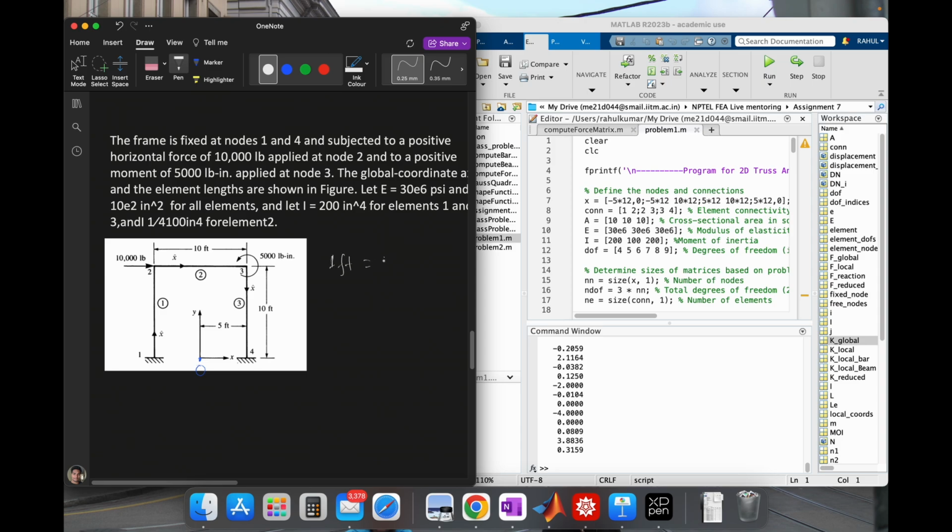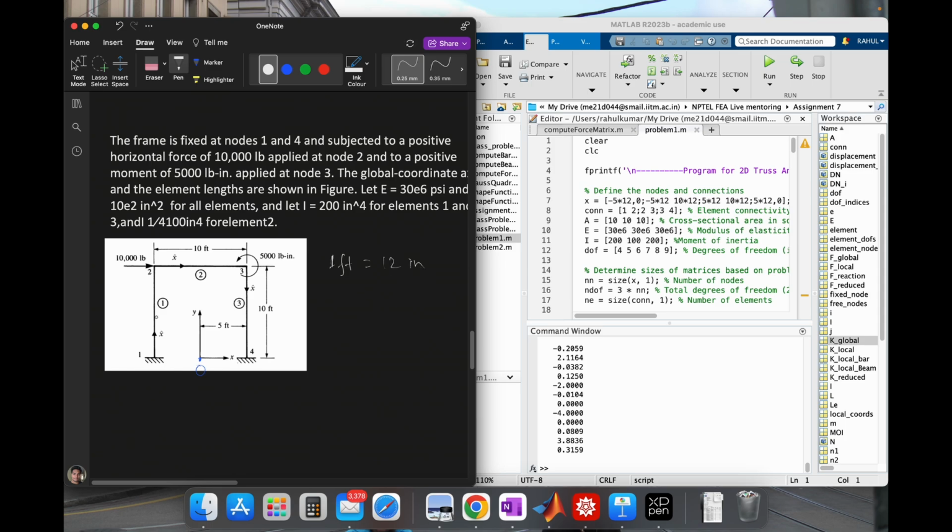So for node 1 the coordinate is -5 times 12 comma 0. Node 2 is -5 times 12 comma 10 times 12, and similarly for node 3 and node 4.